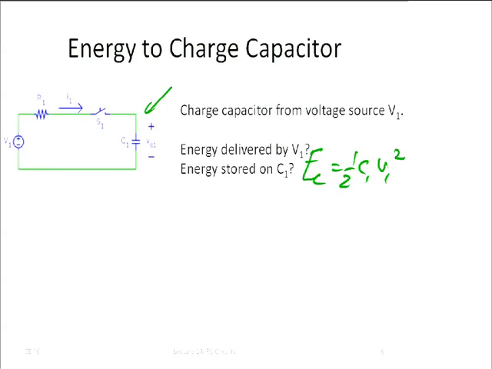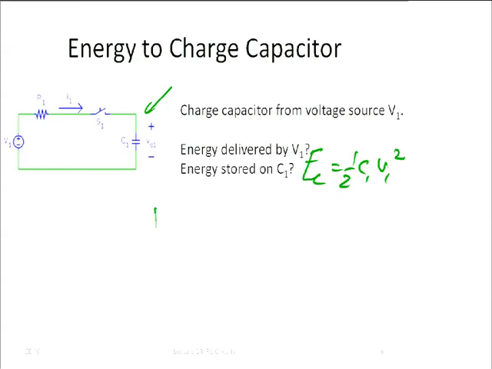Or actually, even better, let's compute the energy delivered by V1. That would be the power, first of all, as a function of t of source V1. That would be equal to V1 times I1, which is a function of t. Well, what is I1 of t? We know that now.